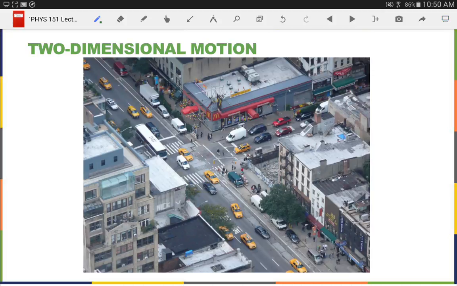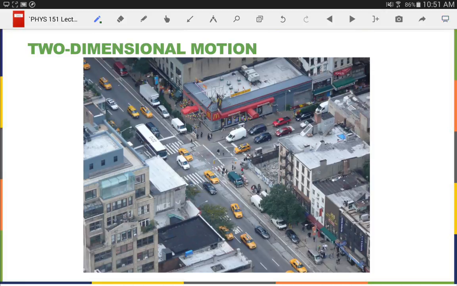So if you're driving around on the roads of New York City, it's really only 2-dimensional motion. We will almost exclusively work in 1 dimension or 2 dimensions. We've worked in 1 dimension up to now. Now we're going to start looking at 2 dimensions.